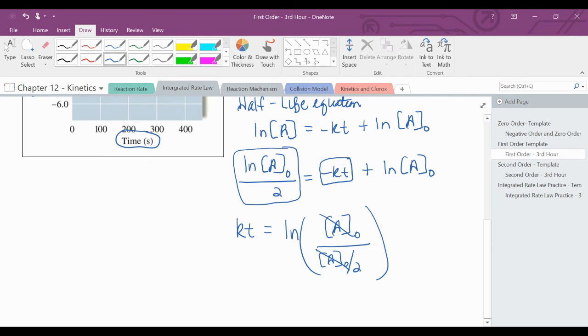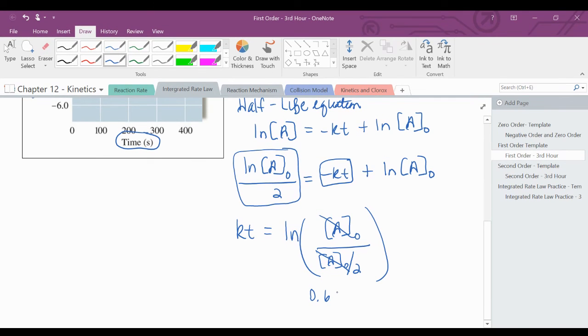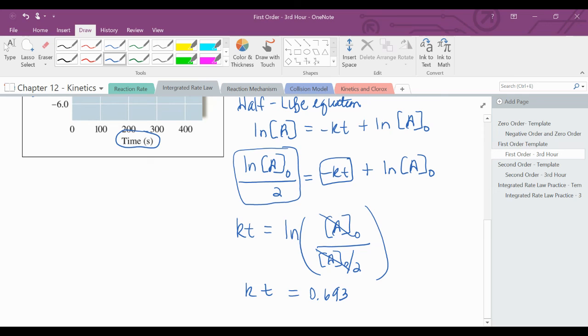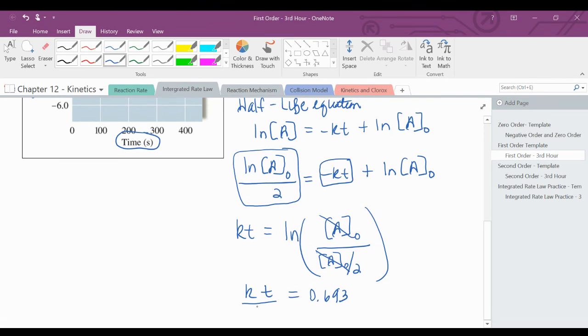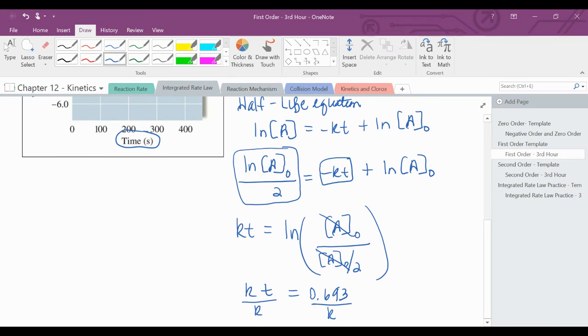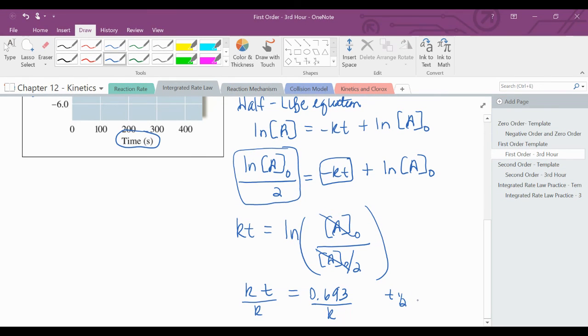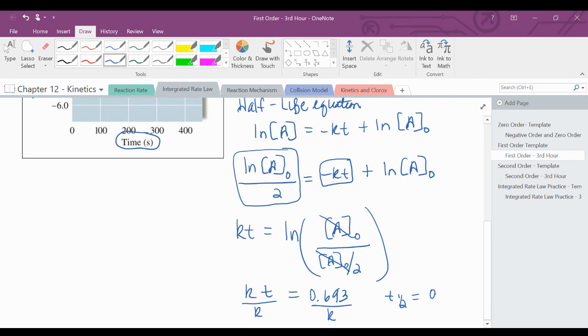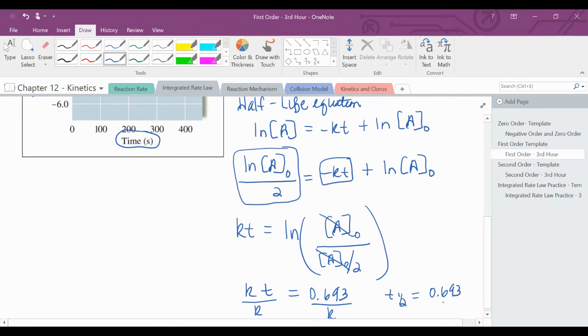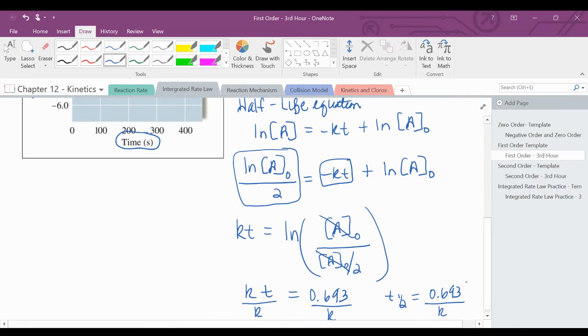And so what I really have is the natural log of 2 here, and the natural log of 2 is 0.693, which is equal to kt. And again, we want t by itself, so we're going to divide both sides by k. So the half-life for first order is equal to 0.693 divided by k, which is our rate constant.